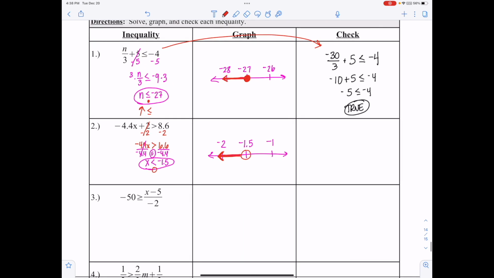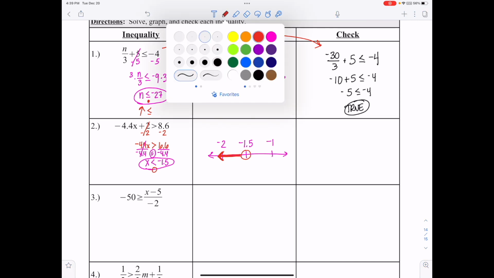All right, we need to check. So we need to check something that is within the arrow. Remember, we're not choosing the target number when we're checking, because we want to see, does it fall correctly on our arrow there. All right, so let's go ahead and just pick negative 2. That seems like an easy number to choose from. So we're going to rewrite our problem.